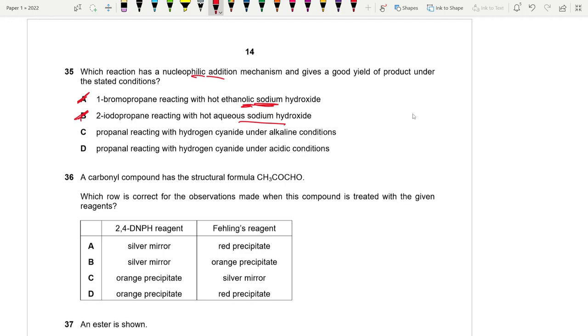So basically, suppose we require propanal, CH3CH2CHO. It's going to react with HCN under the presence of a catalyst, KCN. Okay, we need potassium cyanide.